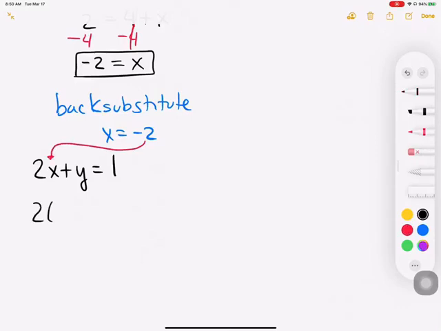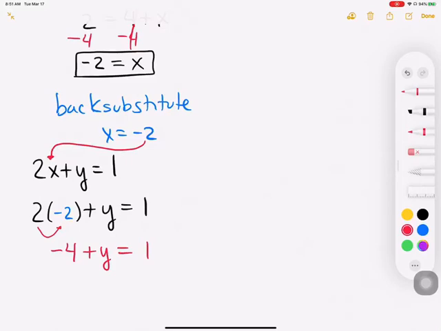First I'm going to replace it with a parenthesis, that way I don't lose any signs, and then inside the parenthesis, I'm going to put the number negative 2. Now I can solve for the variable y, and I'm going to have my result for the system of equations. So if I break that parenthesis, that's 2 times negative 2, that's negative 4, plus y equals 1.